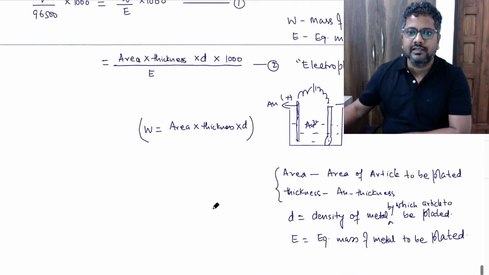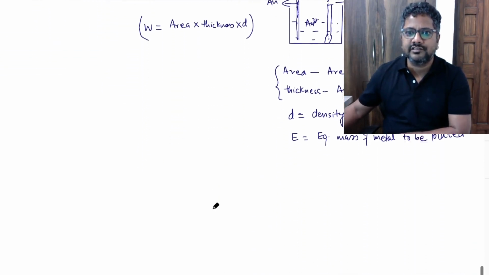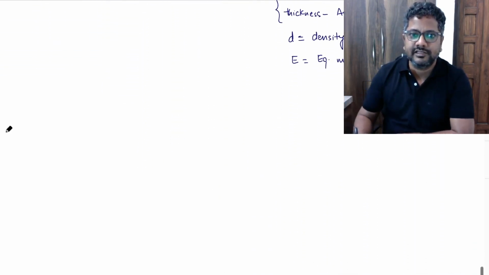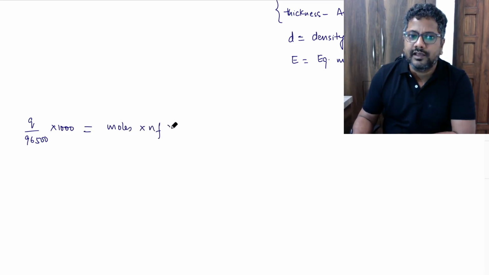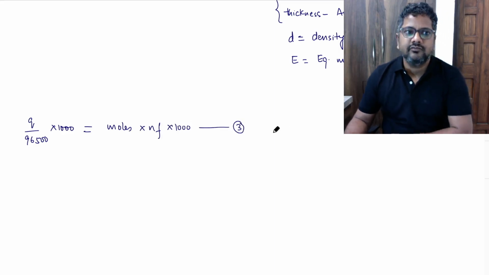Now we can make some more equations, but in a fresh form. Q by 96500 into 1000 is equal to moles into n factor into 1000. This is equation 3. Here, what are these moles?